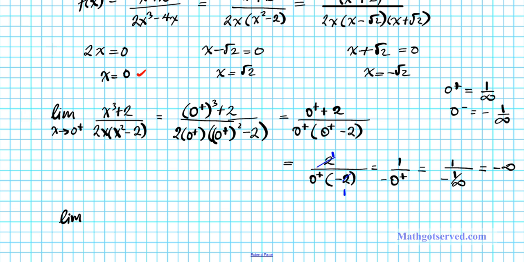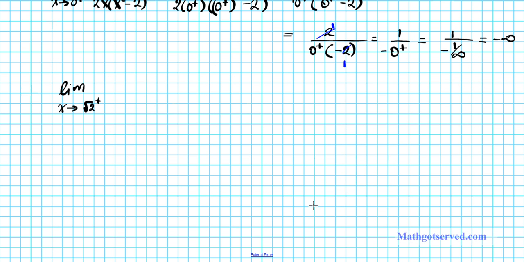Now let's approach root 2. We're going to approach root 2 from the right. Okay, limit as x approaches root 2 from the right. Okay, I'm going to use the factored form, so it's easy for me to carry out my calculations.